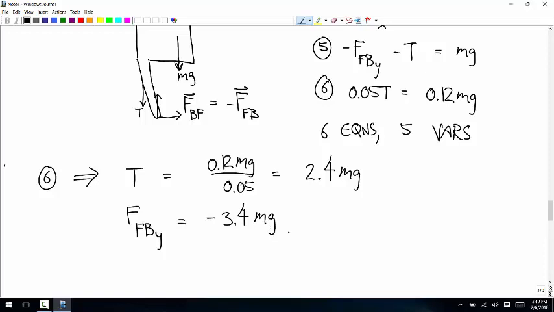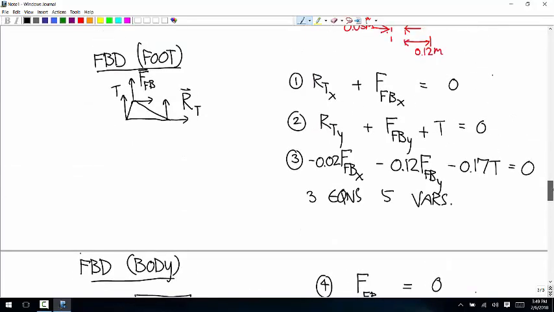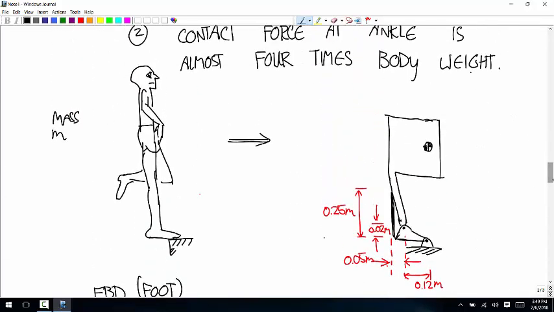Okay, so the ankle force is 3.4 times body weight. And intuitively, the way that comes about, maybe you could see it once I drew the free body diagram.